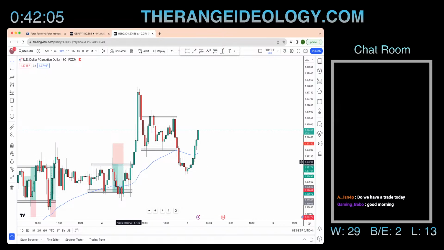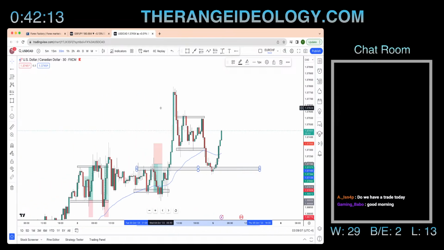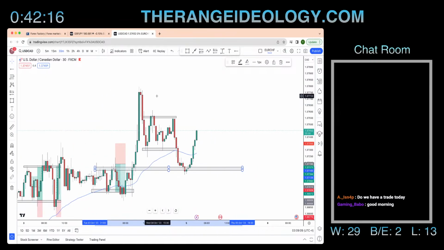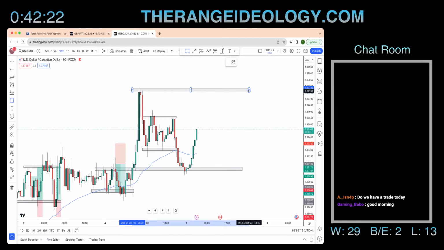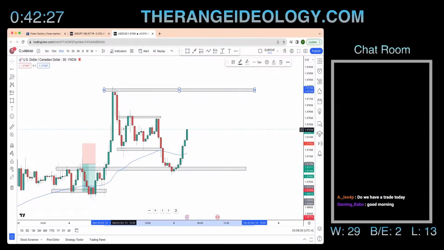So could we see for USD CAD a push above here? Let's see. Could we get something above this level? That means above here, 1 to 1, then we got the second touch, and now we could get USD CAD to come all the way up here before the push down here.